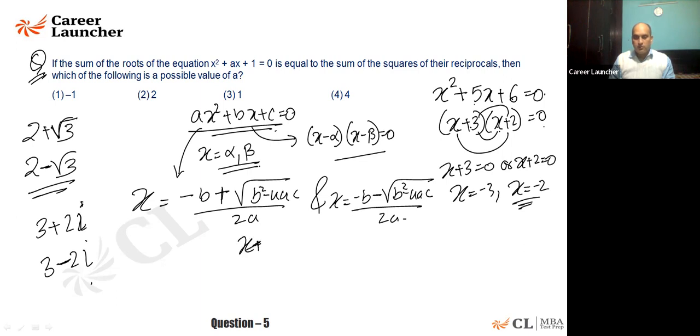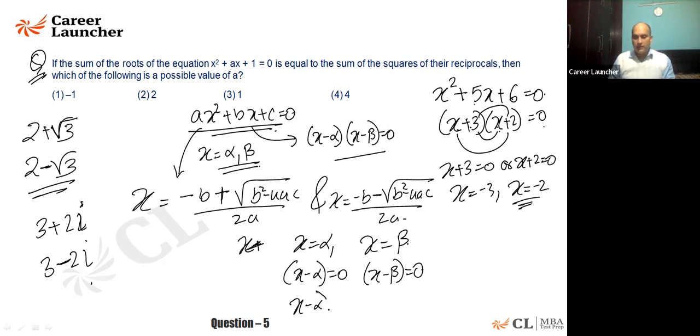Say x is equal to alpha is one of the roots and x is equal to beta is another root. I'll say that means x minus alpha is equal to 0 and x minus beta is equal to 0. I'll say that this means x minus alpha into x minus beta is equal to ax square plus bx plus c.